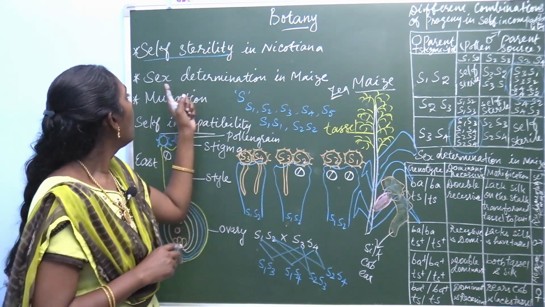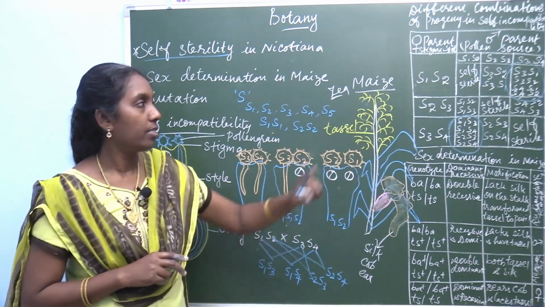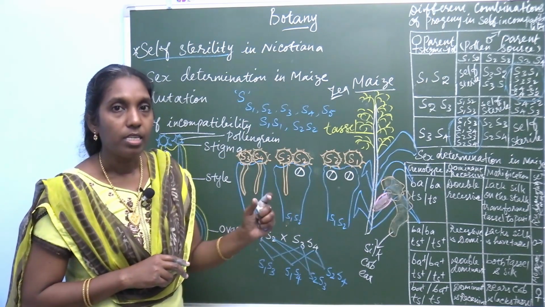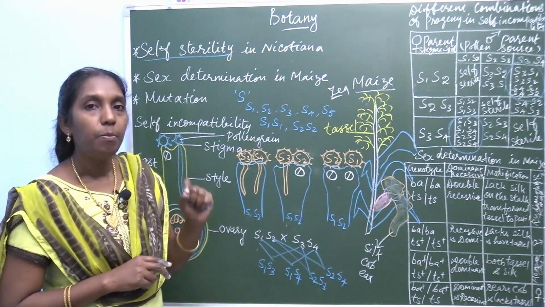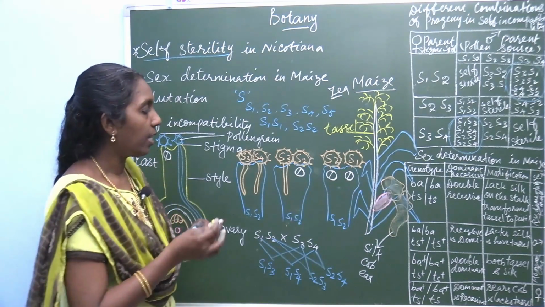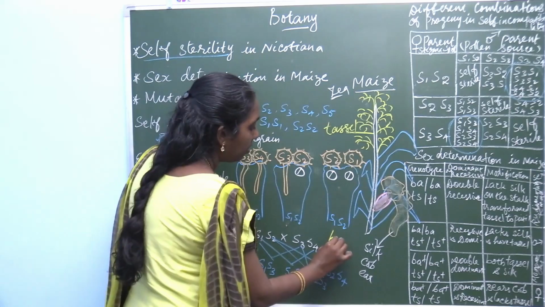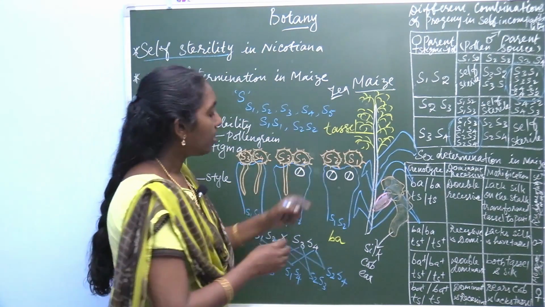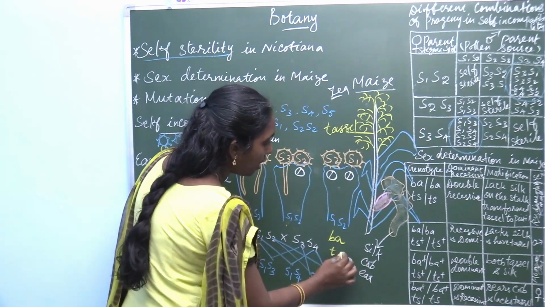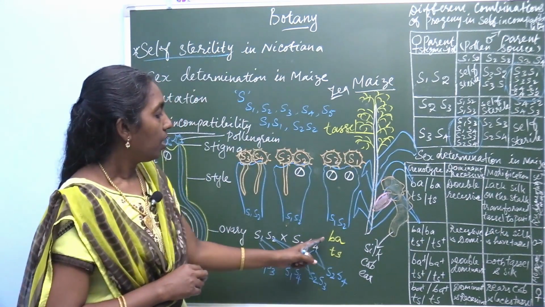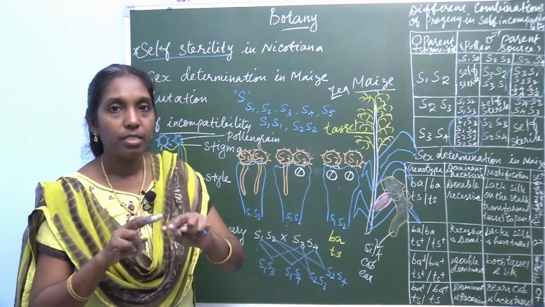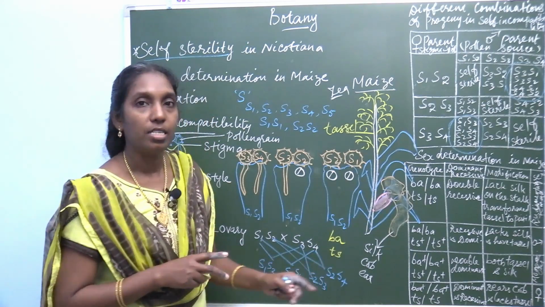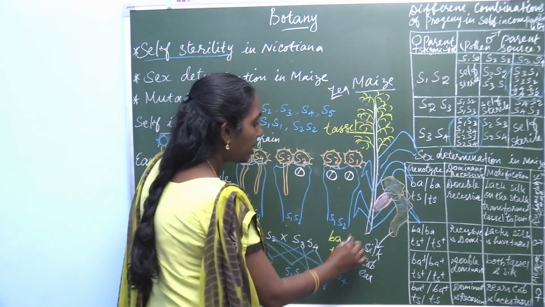The question is sex determination in maize. The unisexuality is determined by two different genes, that is BA, which represents barren, and TS, tassel seed, the tassel inflorescence. So the genes are BA and TS.